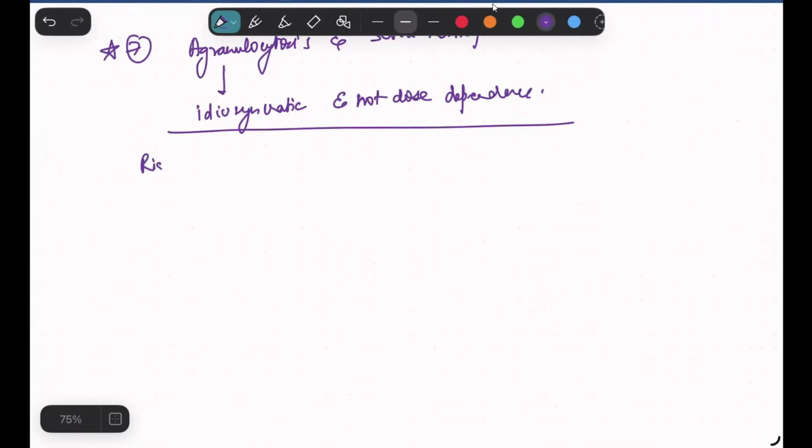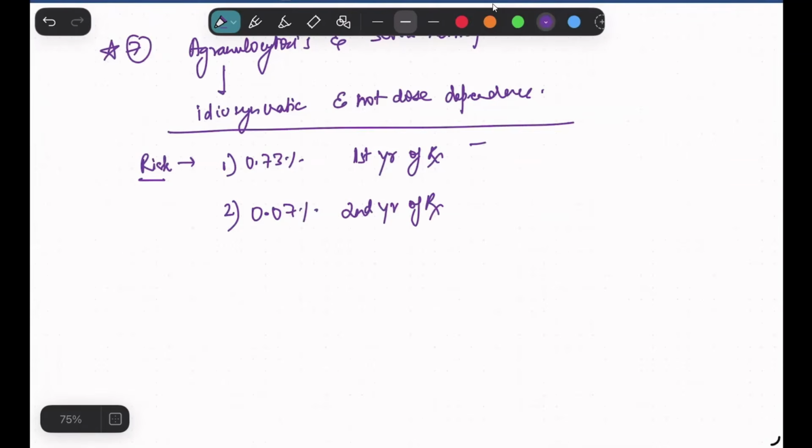So what is the risk? Agranulocytosis can be fatal. The risk of clozapine-induced agranulocytosis is around 0.73% during the first year of treatment, and 0.07% during the second year of treatment. This data has been taken from CTP, so do remember this.